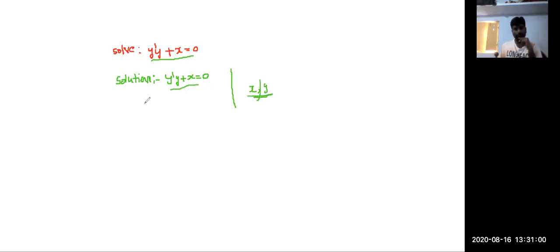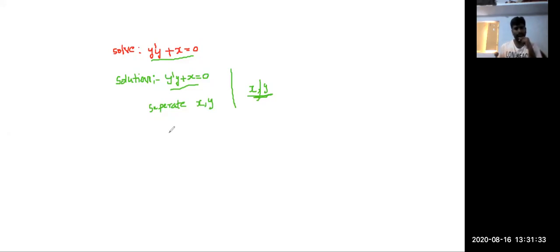So now separate x and y. So we are separating the variables x and y. So that means we are applying the variable separable method.